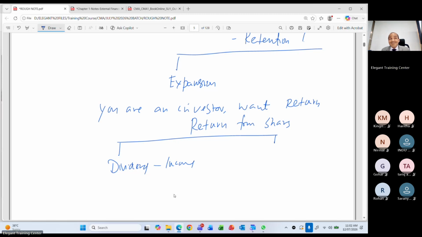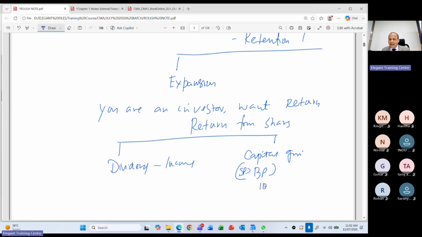Dividend is income. What else do you get from shares? Appreciation, which we call capital gain. It means your sell price is more than your buy price.